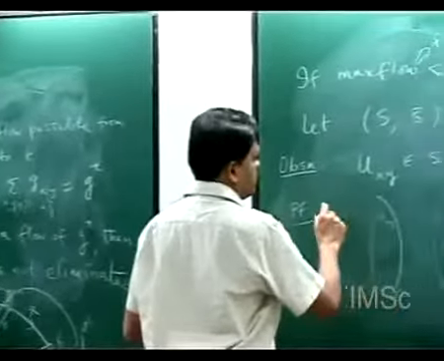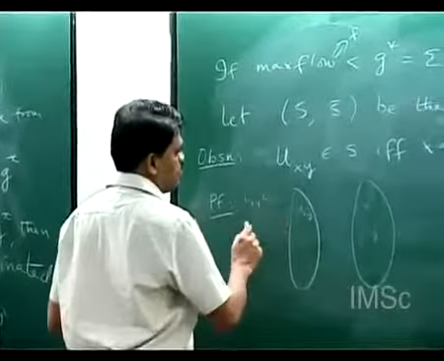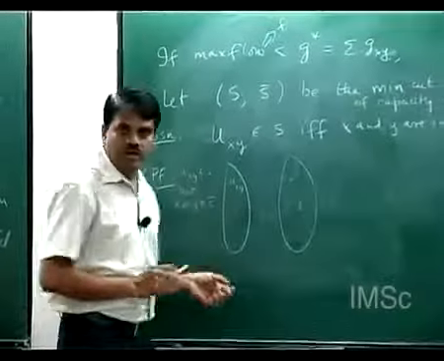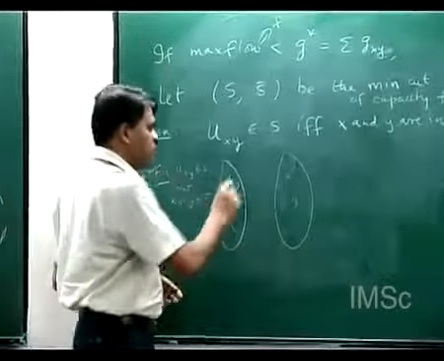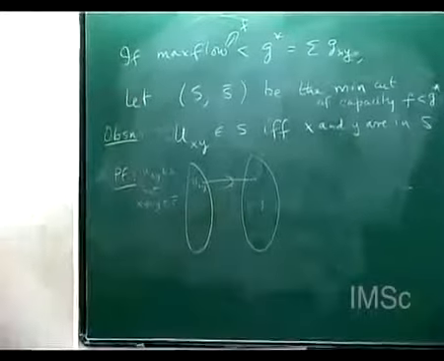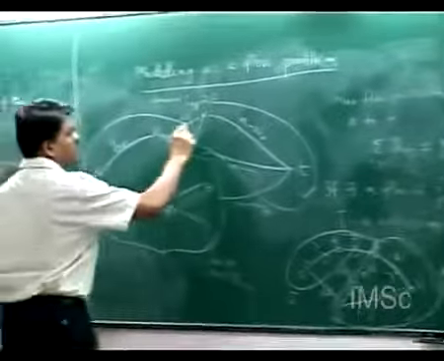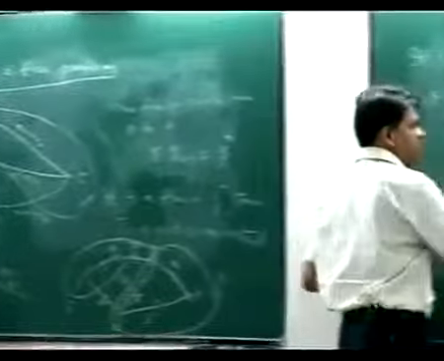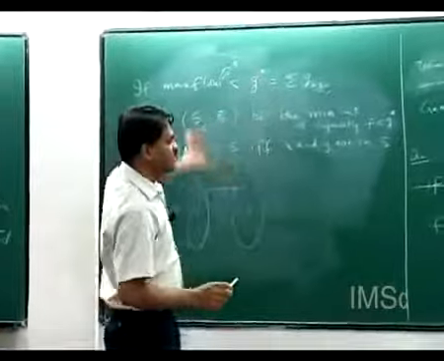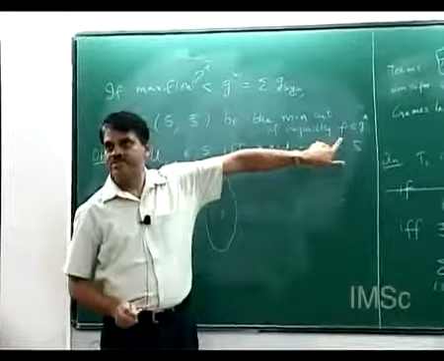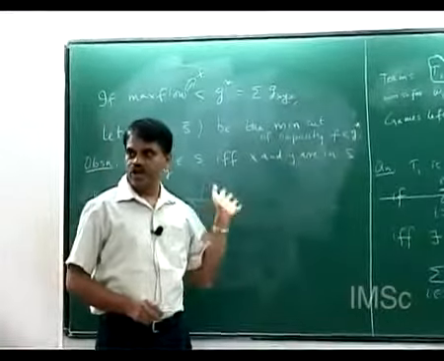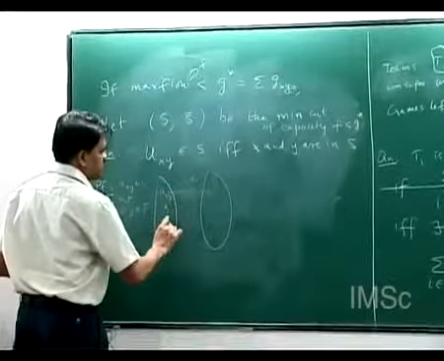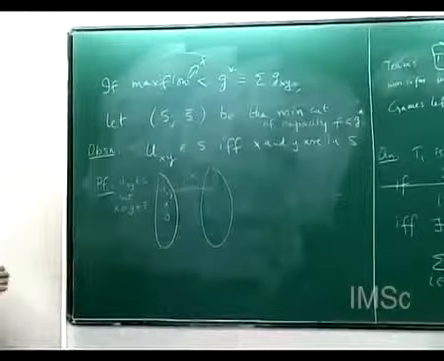So, one direction: u x y is in S, but x or y is in S bar. Very good. So, look at this capacity, this edge capacity is infinity, right. And we said that the capacity of this cut is some finite number less than G star. So, you cannot have this possibility. So, that shows that both x and y must be in S if u x y is in S. This is one direction.